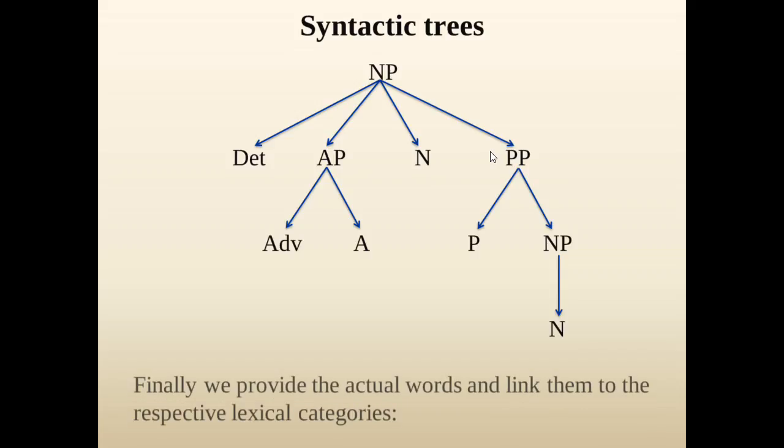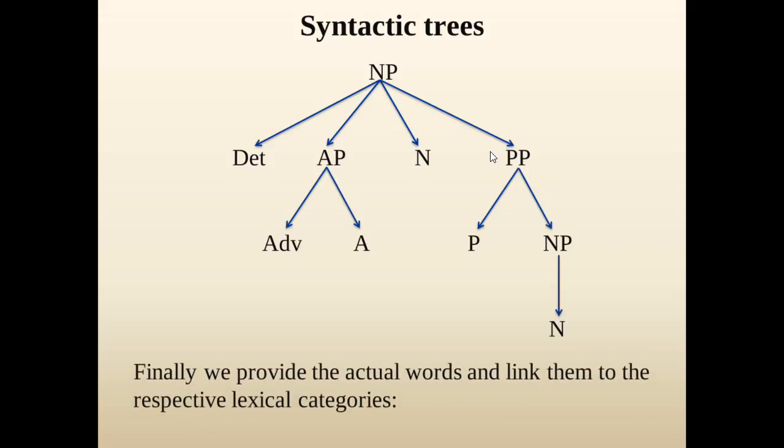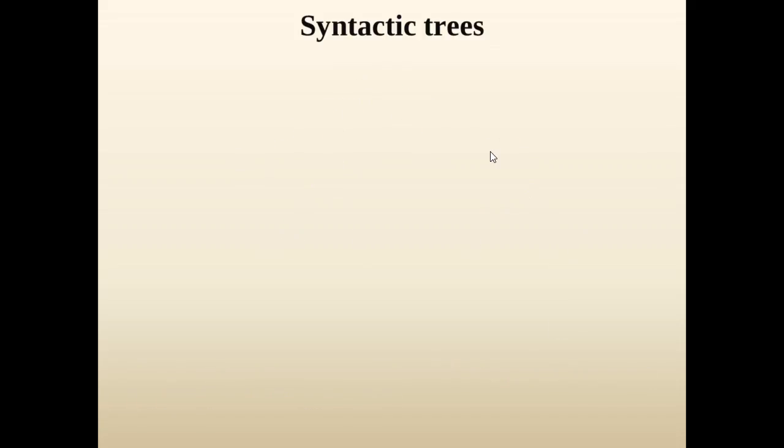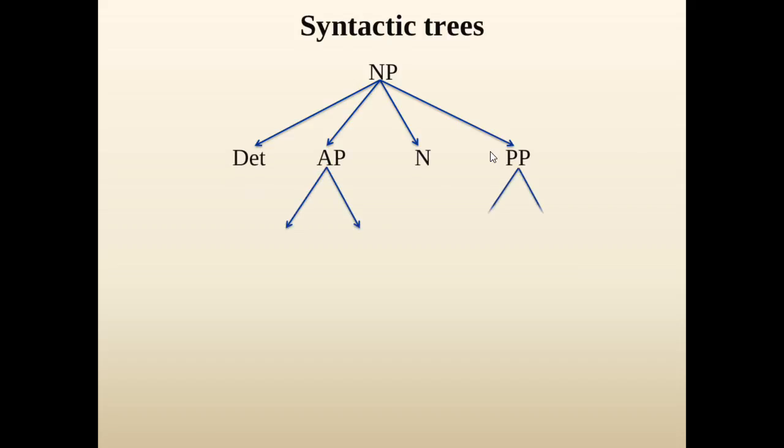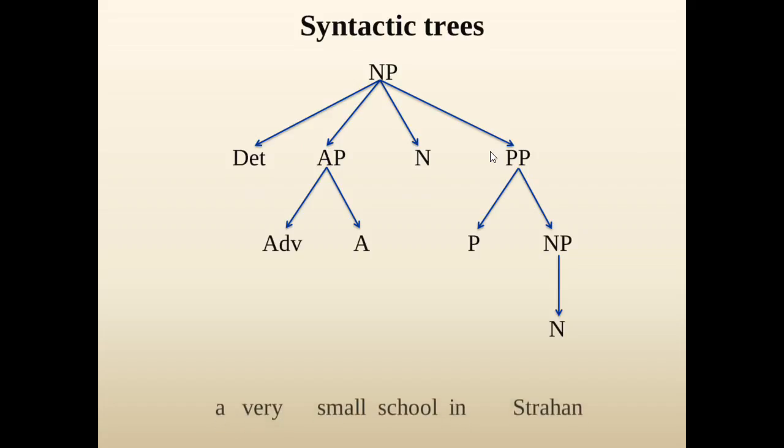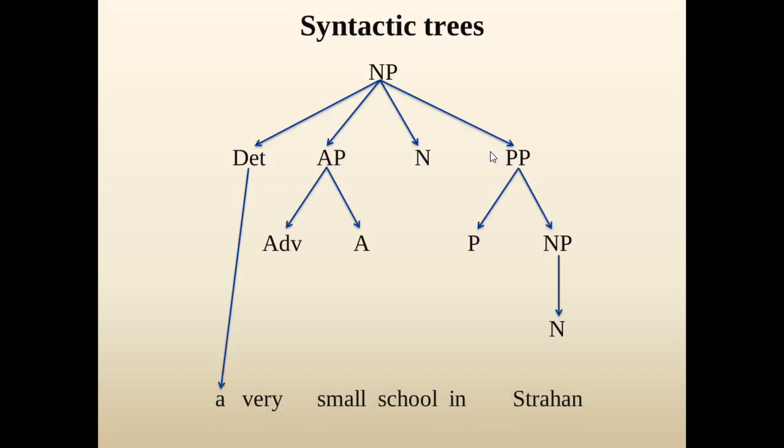The only thing that is left is to provide the actual words of the noun phrase and link them to the respective lexical categories. So starting from the top down, we provide the actual words, and then we link each of the words to its corresponding lexical category.